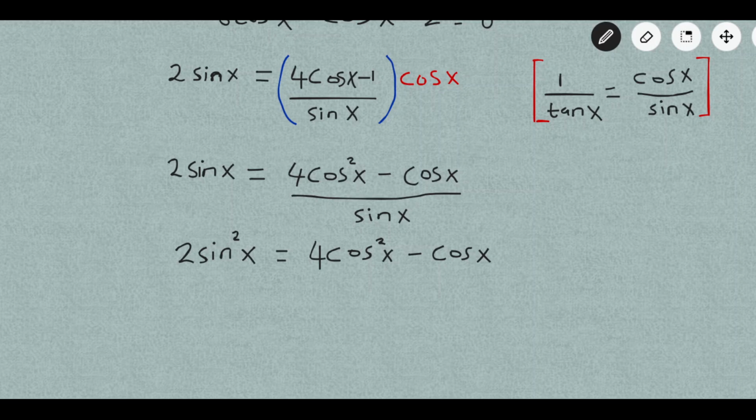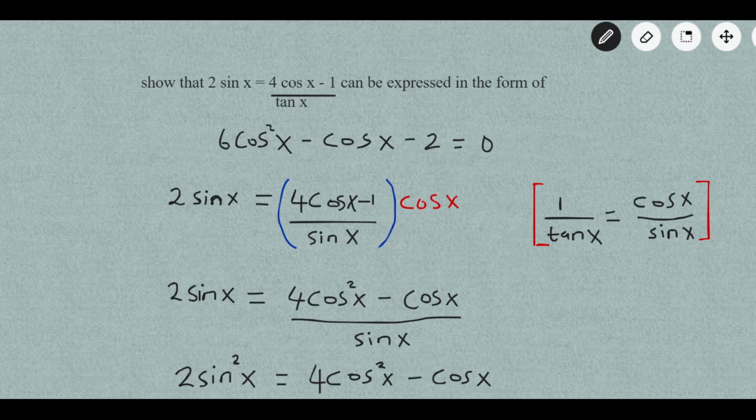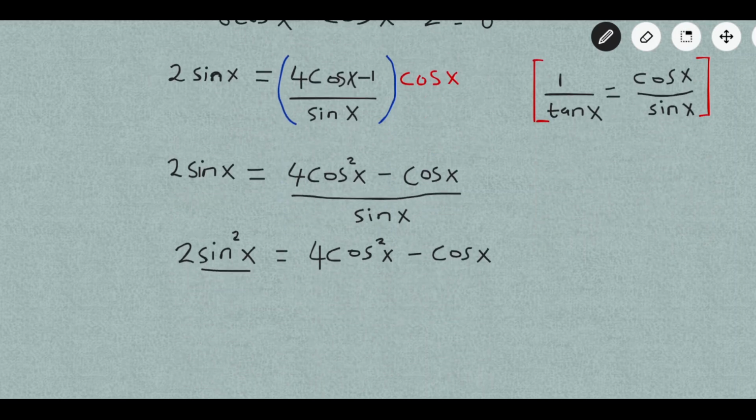But we want our answer to be in the form of cos x, so I have to get rid of sine squared x. We know that sine squared x equals 1 minus cos squared x from the trigonometric identities, so I plug in 1 minus cos squared x for sine squared x.